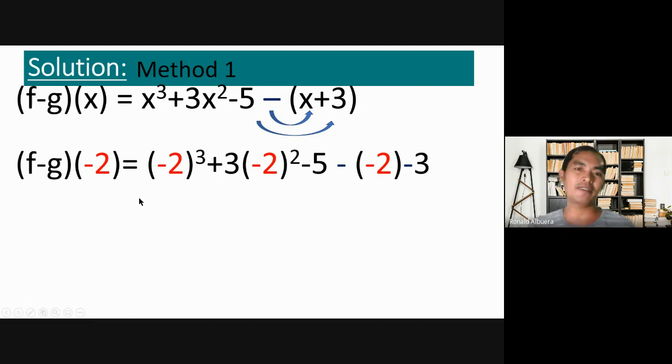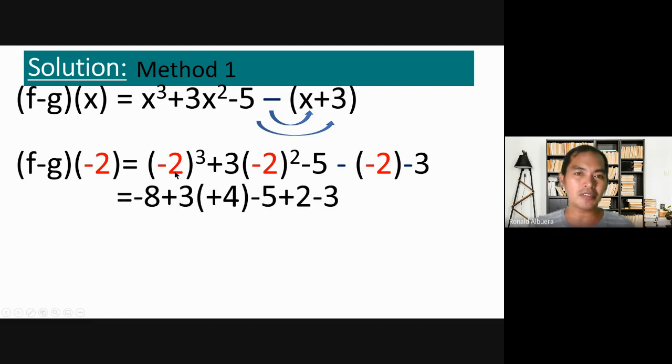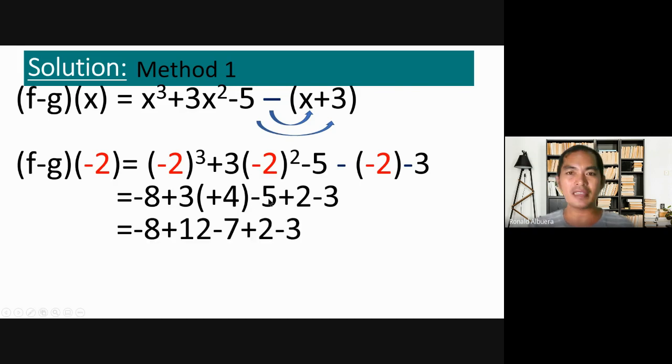Okay. Then we simplify. So negative 2 cube is negative 8. 2 squared is 4 times 3 is 12. Then negative 5 plus 2 minus 3. Okay. So we have negative 5.